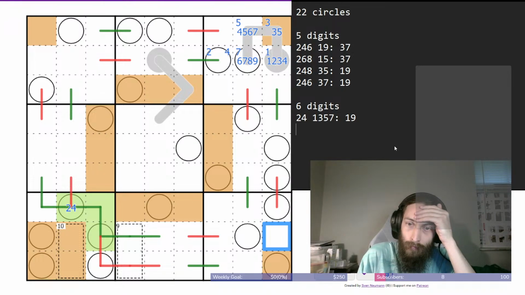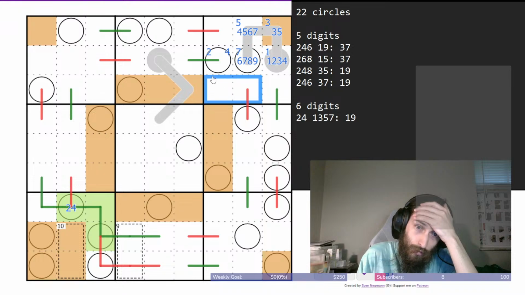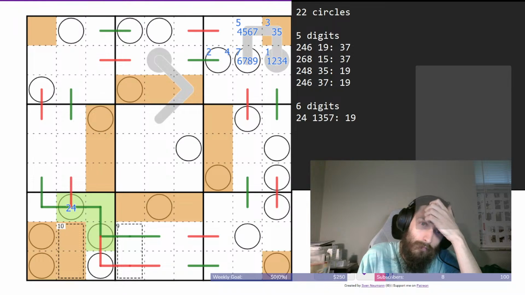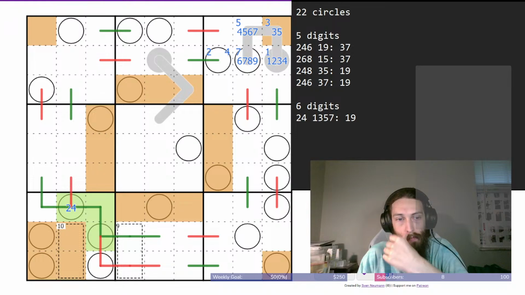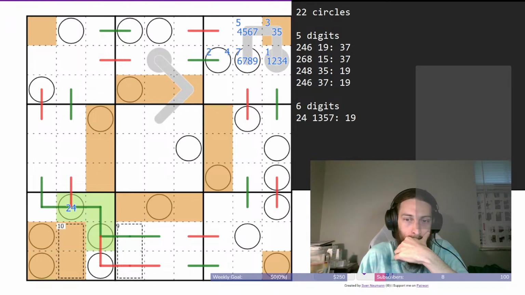Now, does the center digit have to be even in box 3? No, not necessarily, because red can swirl around and avoid it, and so can green. Okay.